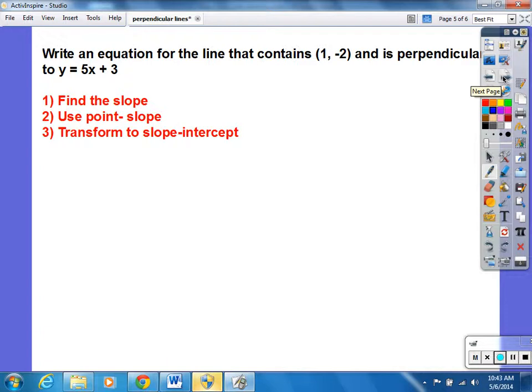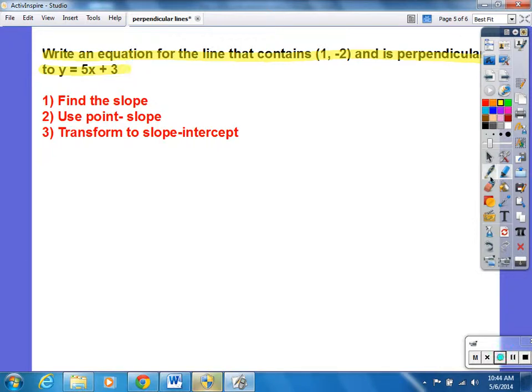The next part of the kinds of questions that you'll be asked for your classwork today look very much like the last part of what you did for homework the other night. Look at the wording. Sometimes it's a little bit confusing. Write an equation for the line that contains (1, negative 2) and is perpendicular to y equals 5x plus 3.